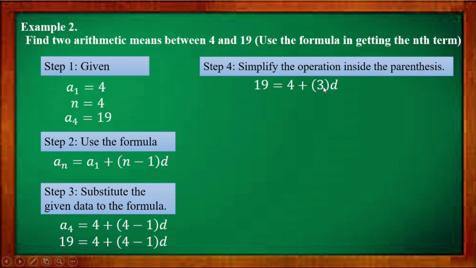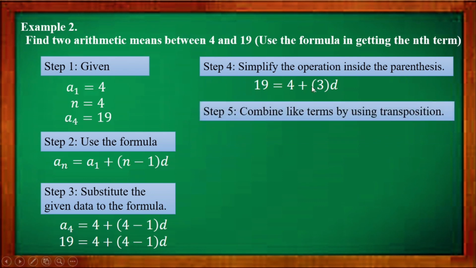So the next step to do is combine like terms by using transposition. Based on this equation, our like terms are 19 and 4 because they are both constant terms.